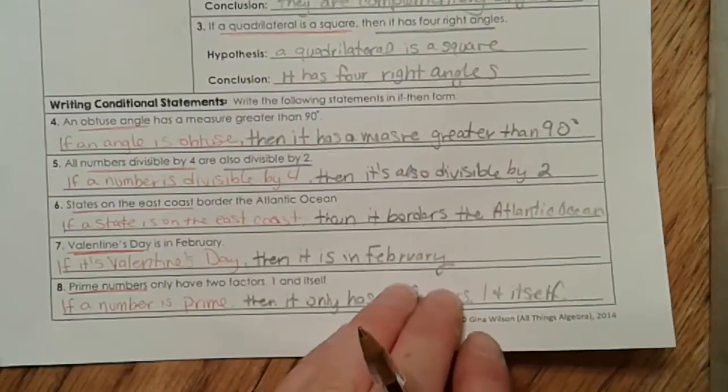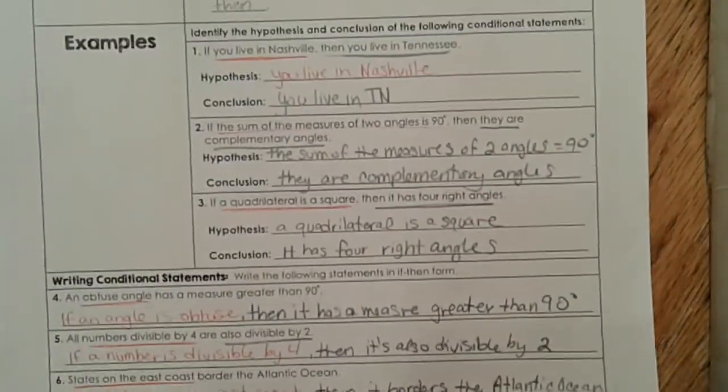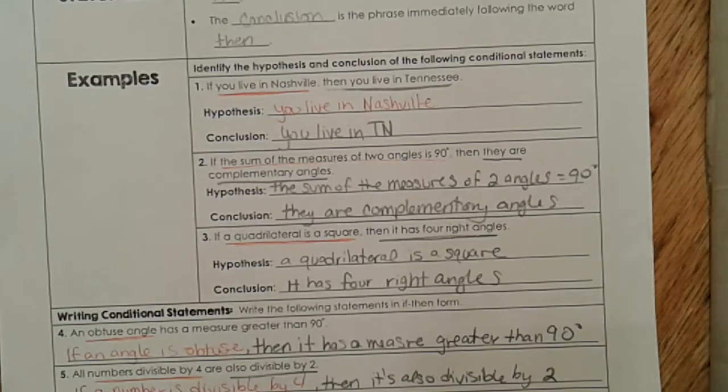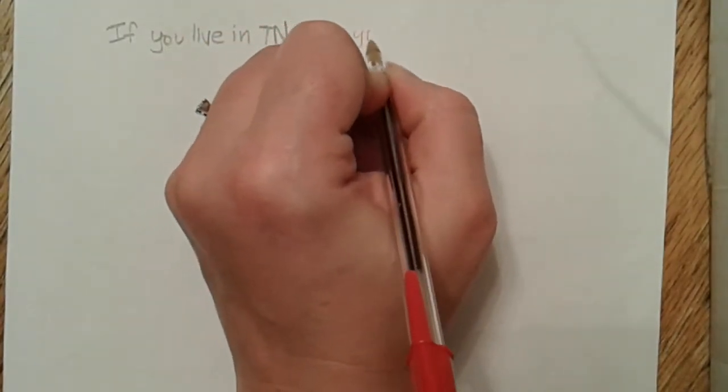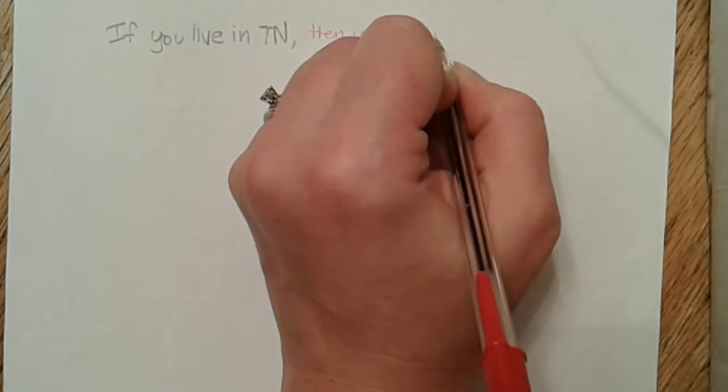So in our last example, we had, let's look at the top one. If you live in Nashville, then you live in Tennessee. So we're going to flip that around and say, if you live in Tennessee, then you live in Nashville.